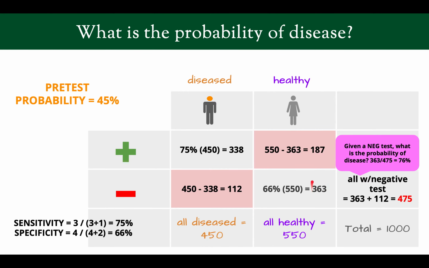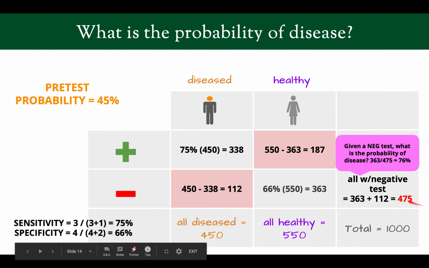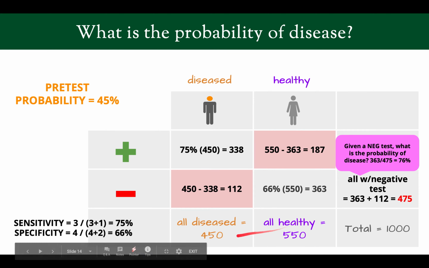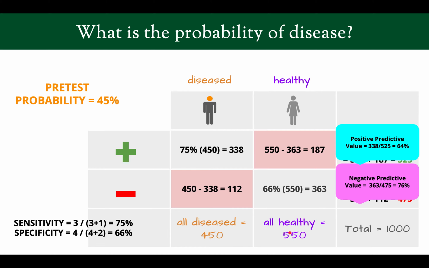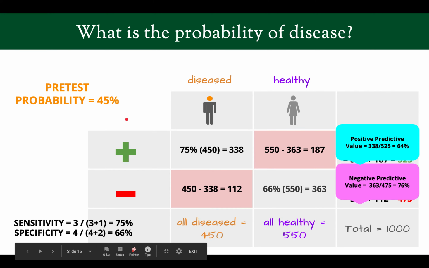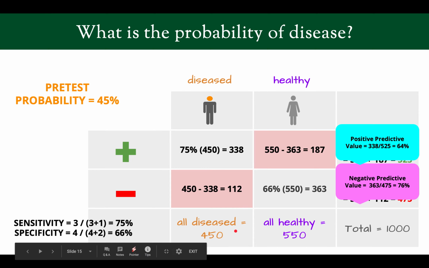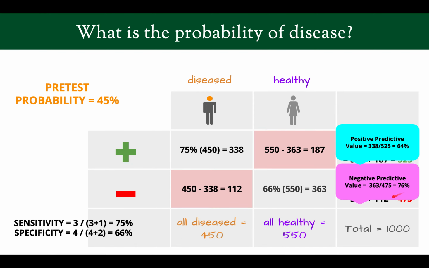We do 363, which is doesn't have the disease, over everyone with a negative test, which is 475, and so 76%. So 76% of the people with a negative test are not going to have the disease, given this 45% pretest probability. So with this pretest probability of 45%, if we have a positive test, our probability is going to jump up to 64%. If we have a negative test, it's going to jump down to 34, subtracting that.